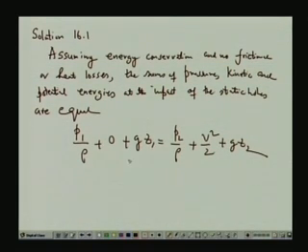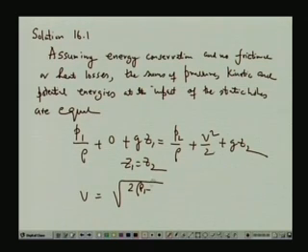So we assume Z1 equal to Z2, hence we can write that velocity V will be equal to the square root of 2 times P1 minus P2 by rho.